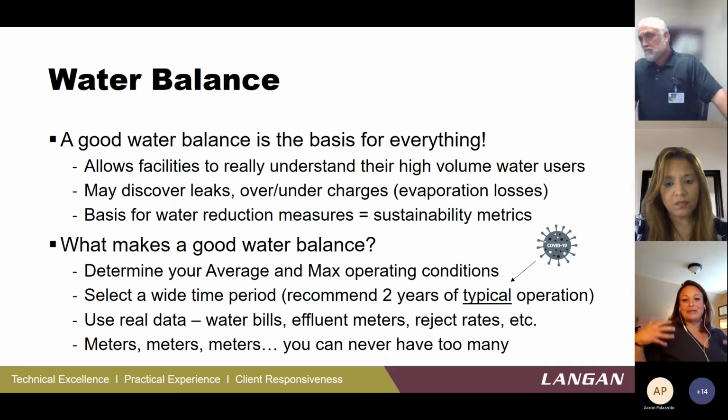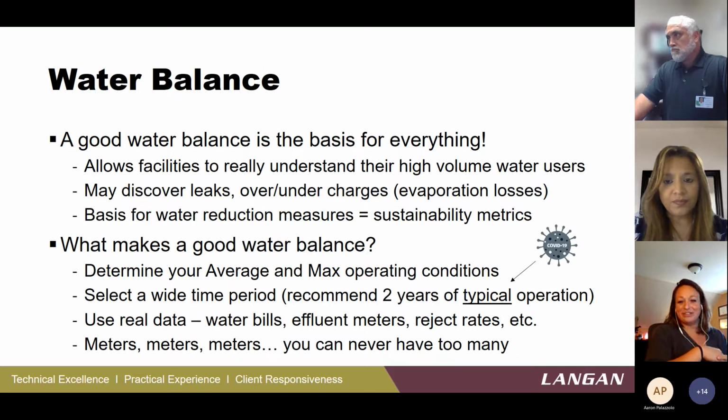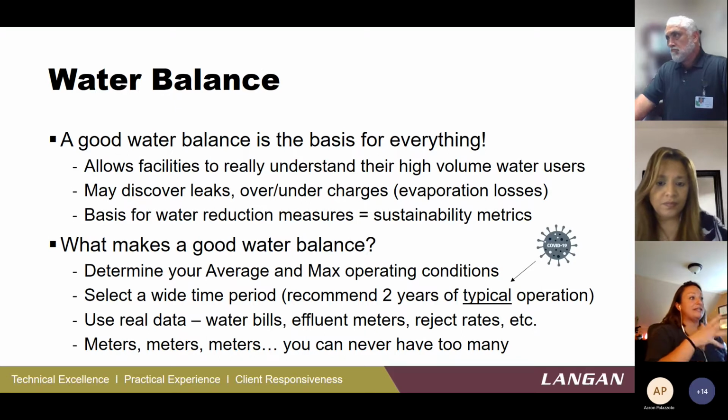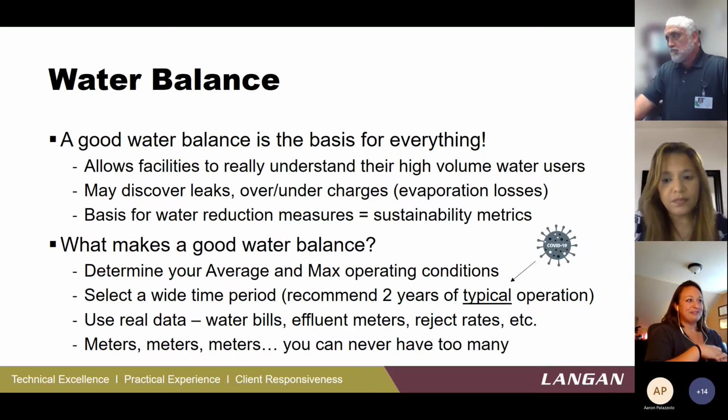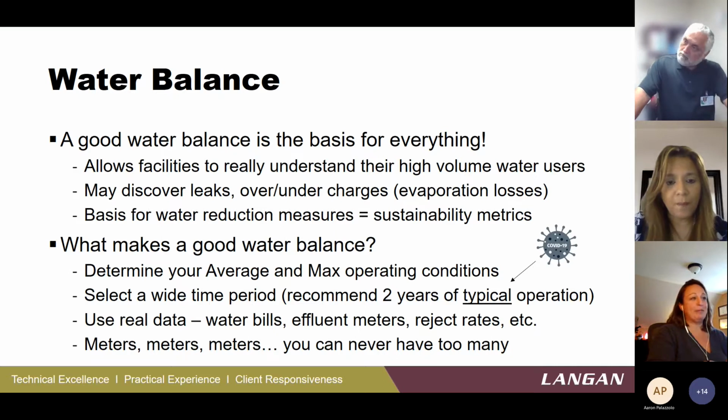As you're going through this process, what happens is you discover things. You discover things that are using water that you didn't know about. You discover leaks. One of my favorite stories is we were doing a water balance for a facility, and we found out that their water meter wasn't working properly, and they had not been charged properly over the course of years.